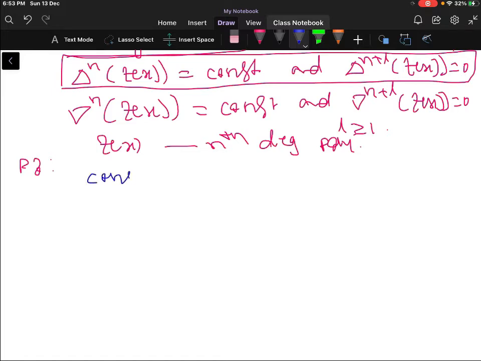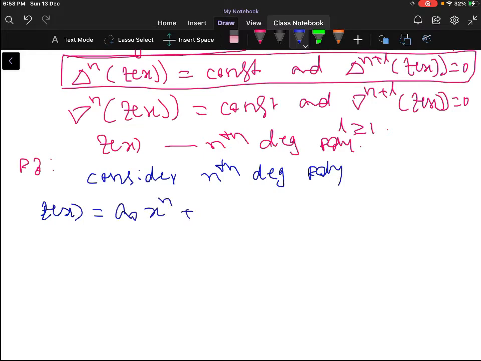Now let us consider a nth degree polynomial. Let f of x is equal to a0 into x power n plus a1 into x power n minus 1 and so on plus an.